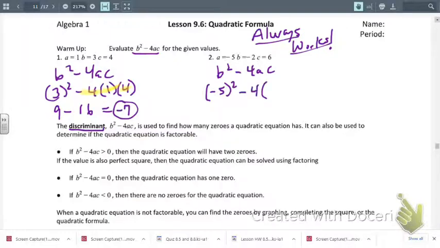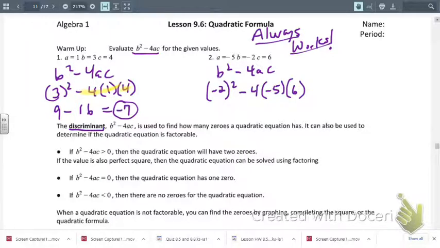Actually, b squared, our b is negative 2. Made a mistake there. So we have negative 2 squared minus 4 times negative 5 times 6.